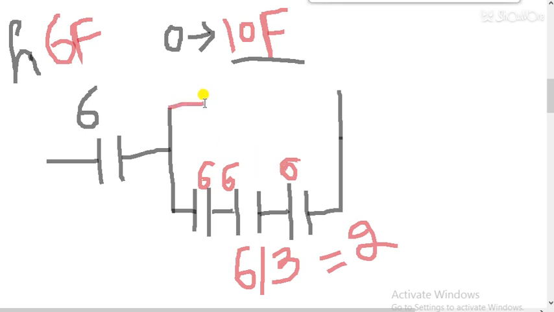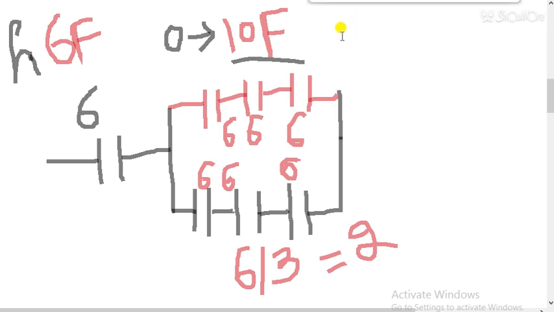So further, if I connect 3 capacitors in the upper circuit also, this will again give me 2. This is 6, this is again 6 and this is again 6. So 3 in series will give me 2 again.